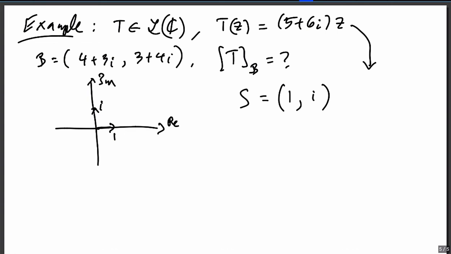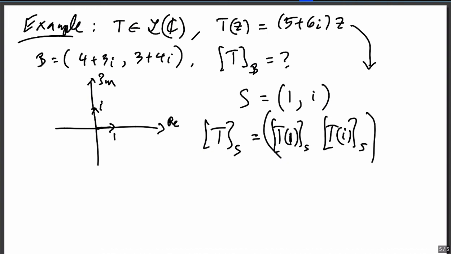What is easy to get from here is the representation of the linear transformation in the standard basis, because that's just T of 1 in the standard basis and then T of i in the standard basis.